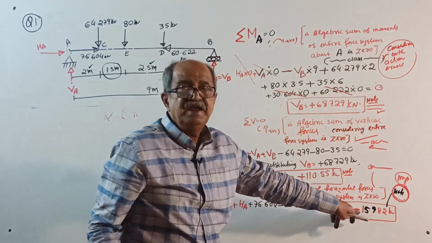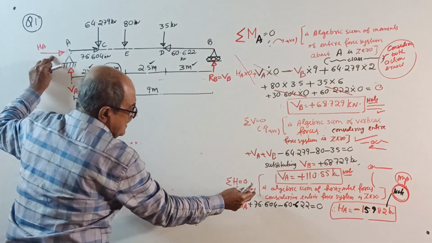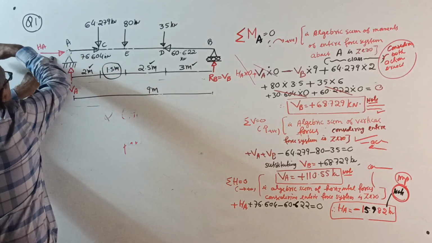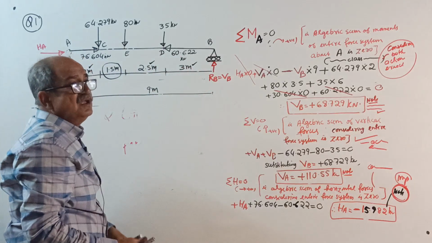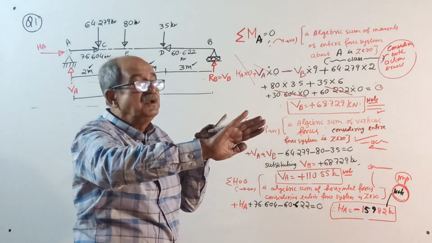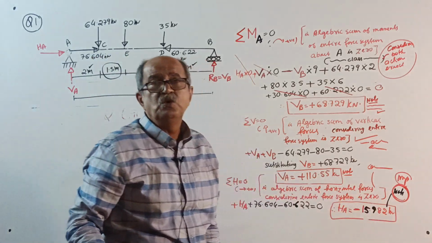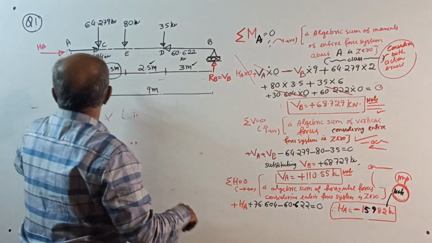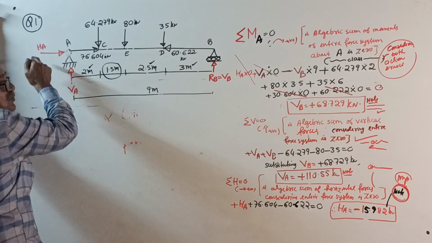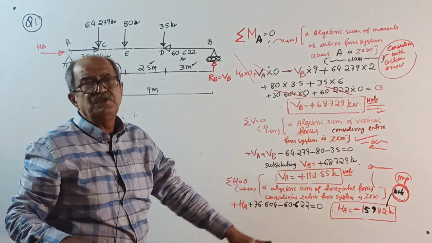This negative sign indicates that the assumed direction is wrong. So actually HA is not to the right side, which we assumed. It is actually to the left side by 15.982. So when you enter the reaction HA next time, we will enter it in a direction opposite to the assumed direction, but remember, without sign. I will not tell this again and again.